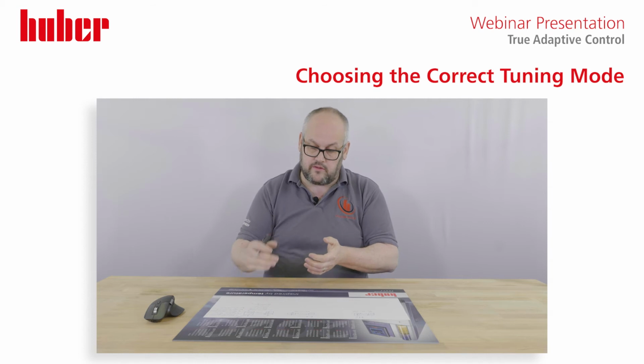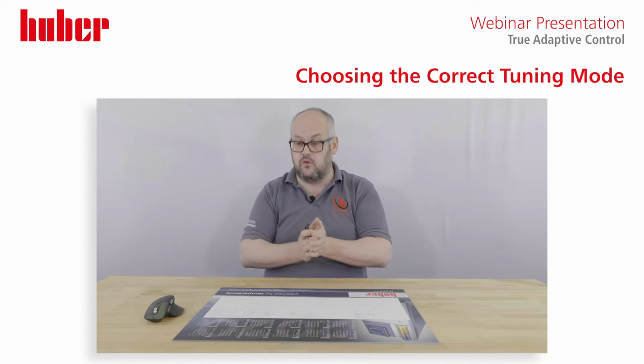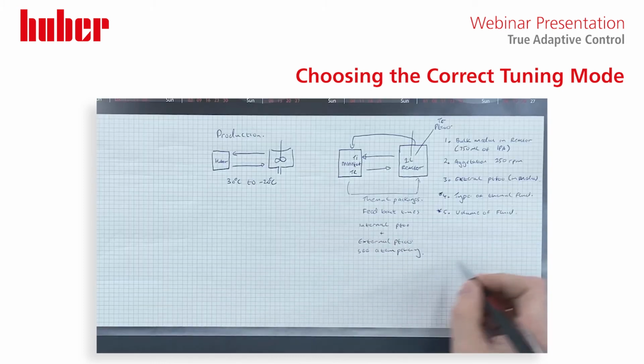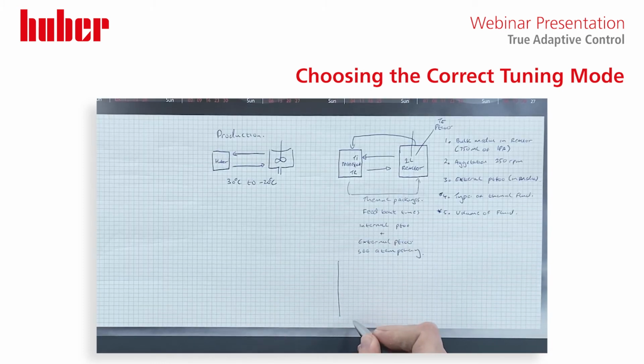What the unit then does is a heat up or a cool down. So in this case, once it's gauged its dead zone time, sending these little packets of information around, it will then look at its heat up. So we'll say heat up in this case.